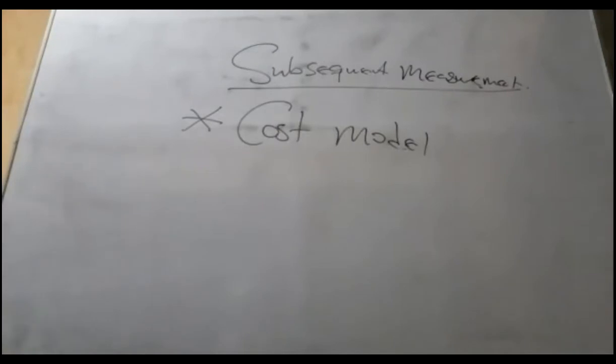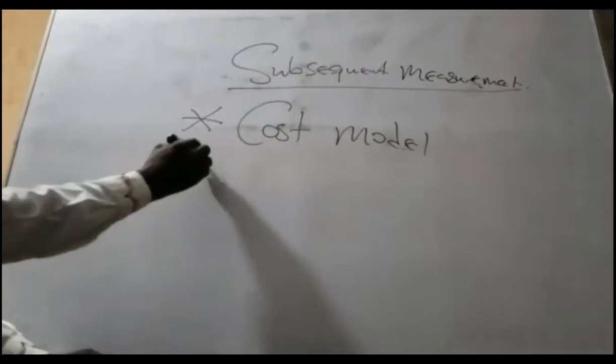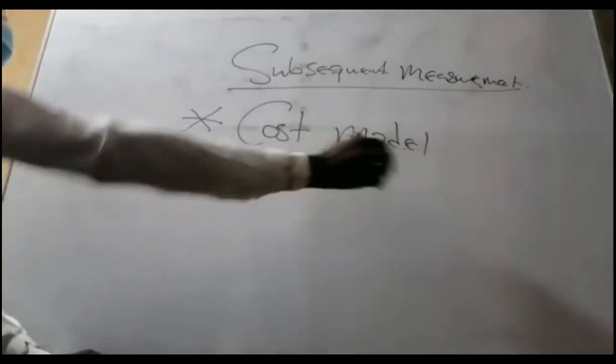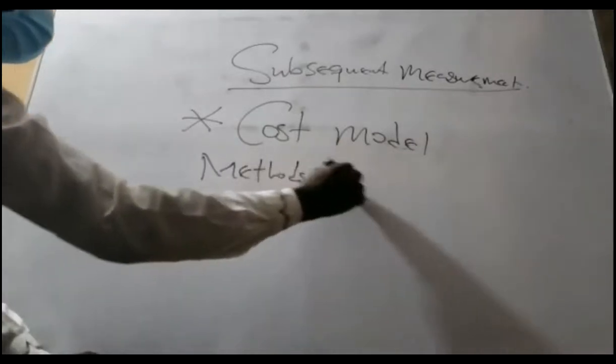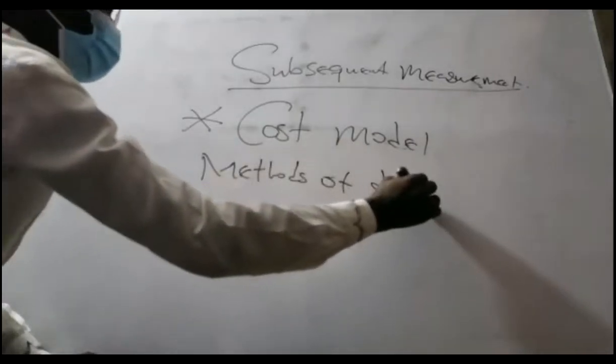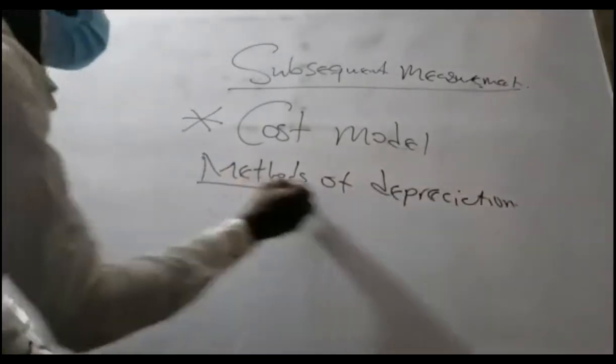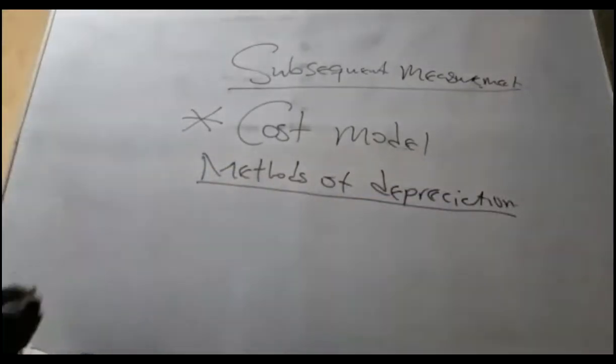First, we look at the methods of depreciation. In fact, there are 5 methods. You should know only 2 or a maximum of 3.